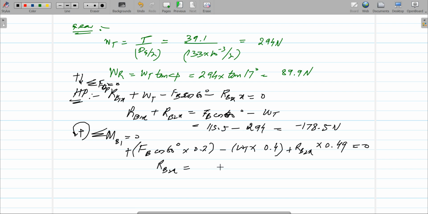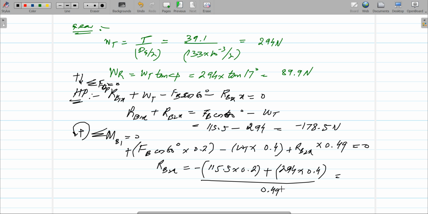RB2x equals to FB cos 60, which is 115.5 into 0.2 with a minus sign, plus WT, which is 294 into 0.4 with a plus sign, divided by 0.49. So the answer is 192.9 Newton.